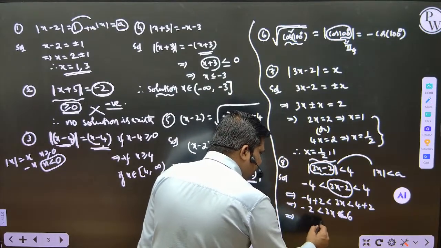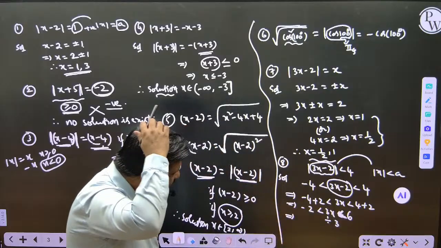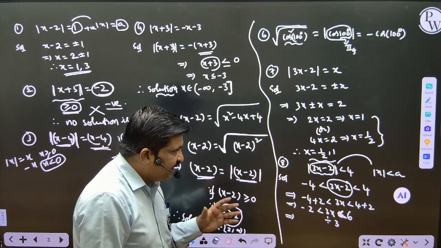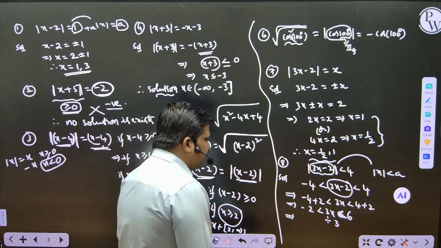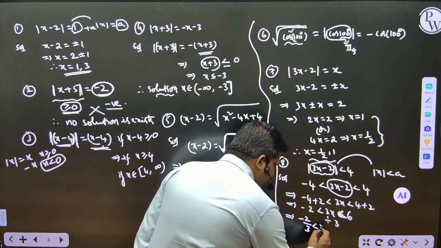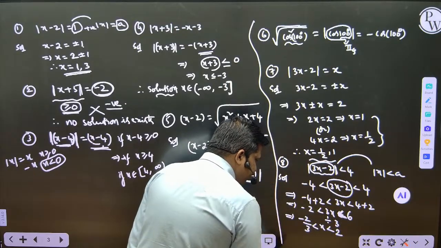Later what we have to do? You divide by 3. You are dividing by a positive number, so the inequality will not change. Minus 2 by 3 less than x less than 6 by 3, which is 2.